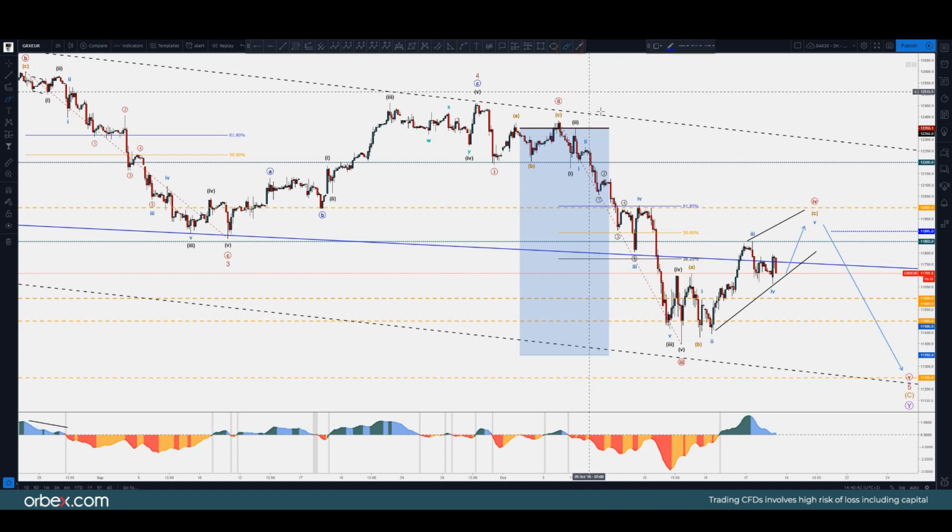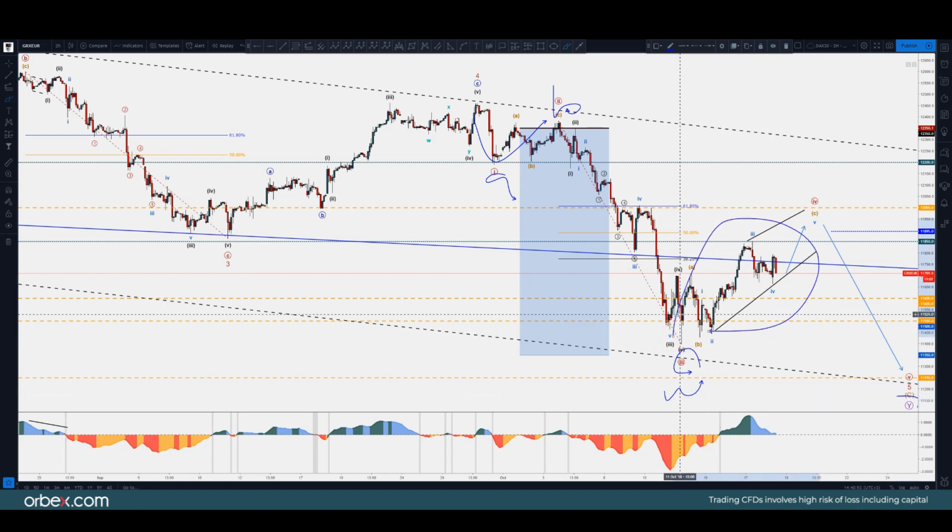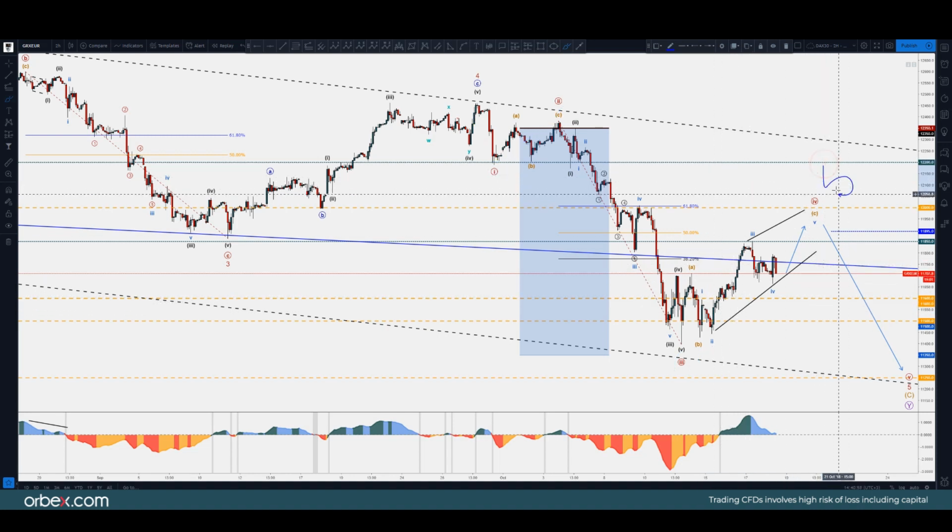So what I want to know is, is this going to be an A, B, and then C for either a W or a completion of this Y even, right? But the way it's starting, it doesn't look impulsive at all. In fact, it has multiple corrective features. So this could be either a B or a fourth wave.